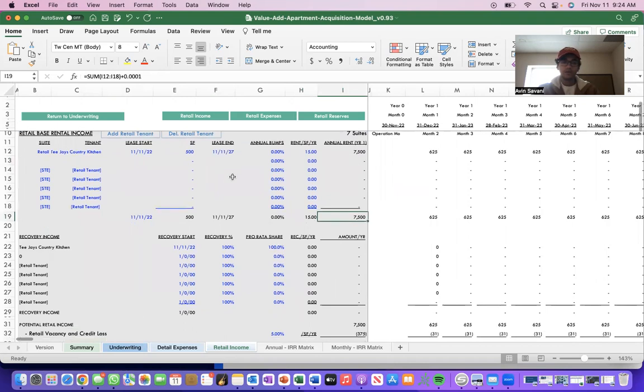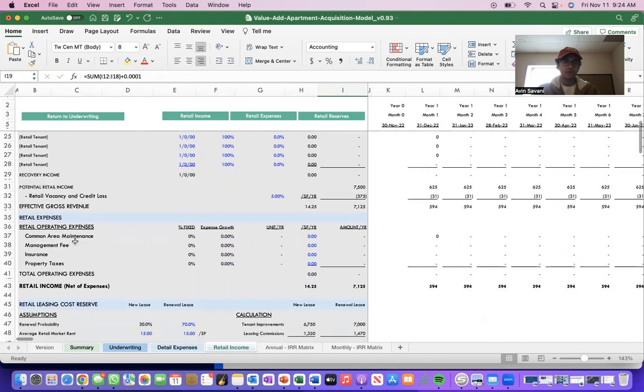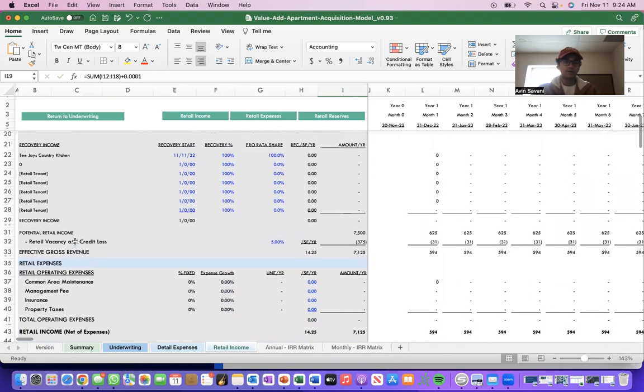And then you'll see also some recovery income. This is recovery income, meaning what is the proration of that lease agreement. If you're not familiar with proration, it's essentially how much square footage the tenant rented in relation to the total square footage of the building.